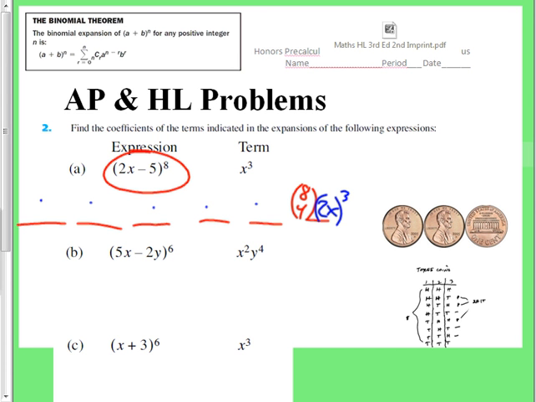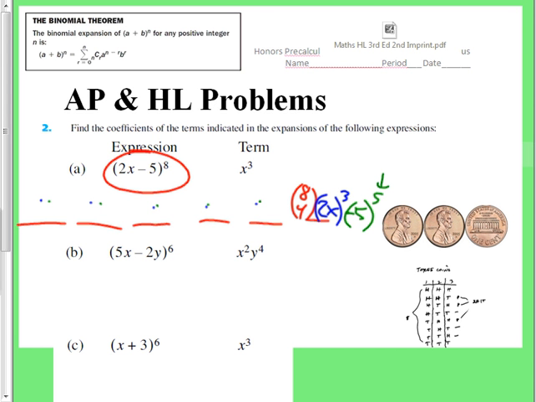And then this negative 5 is going to be put to the, well, it would have been to the 0, to the 1, to the 2, to the 3, to the 4, to the 5. That, by the way, does match up with the term. I don't know if you've noticed that. I'm on the 5th term. This number right here matches up with the term.